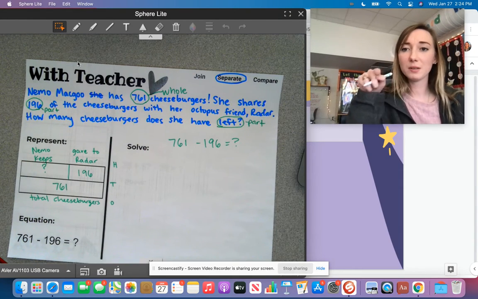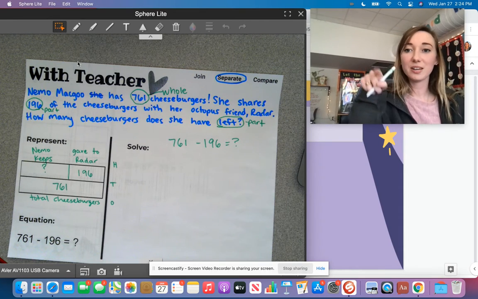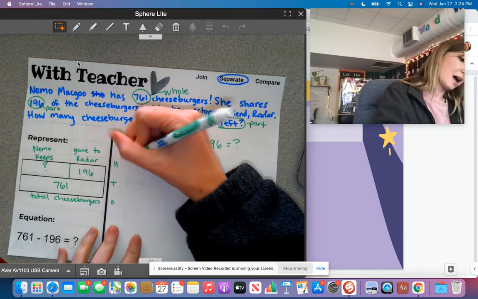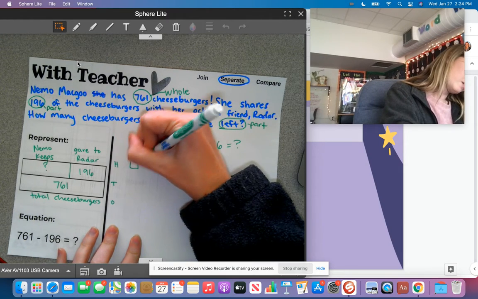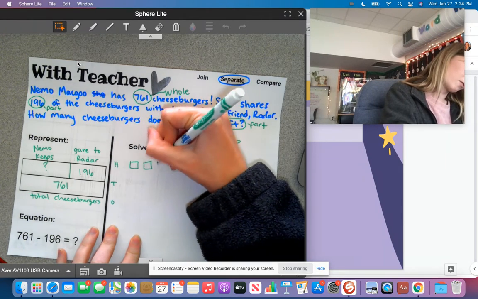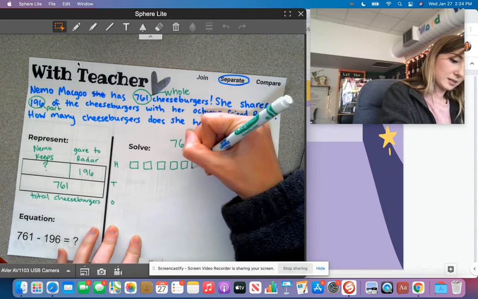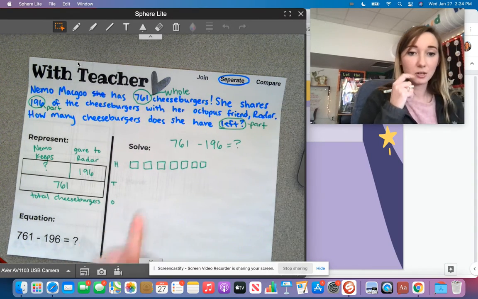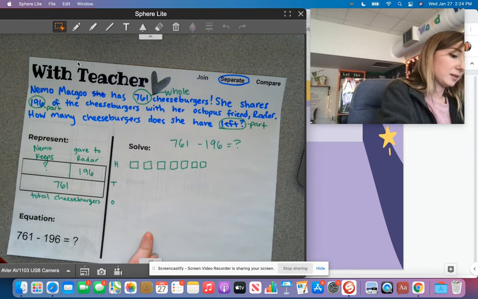Show me with your finger what 100 looks like. 100 is a square, so I'm going to draw how many 100 squares? 7. 1, 2, 3, 4, 5, 6, 7. Okay, so I've got my 700s. How many tens do I need? 6 tens.